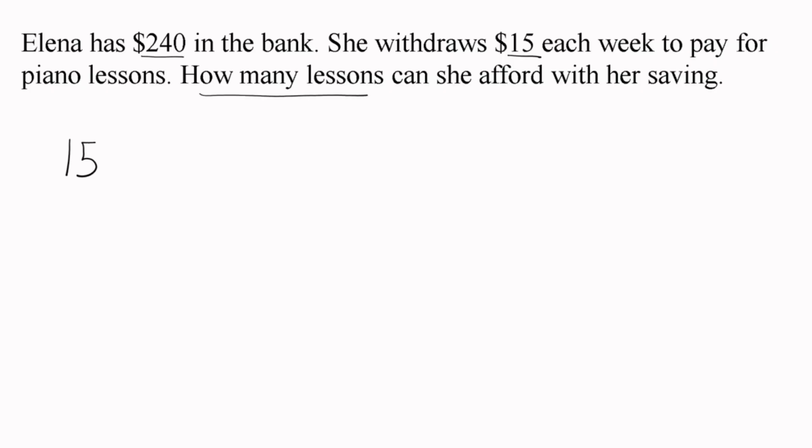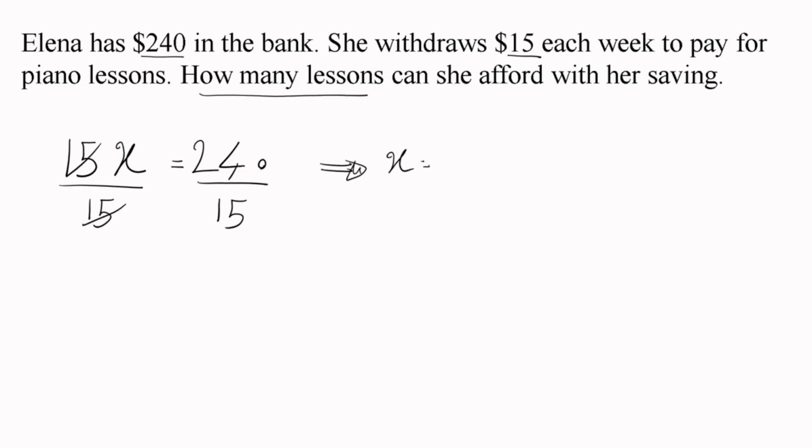How many lessons means 15 times x, because for each lesson she's going to pay $15, and it is equal to 240. It's really simple. Now you can solve it. You can divide both sides by 15. These two are going to cancel each other out, and finally x will be equal to 16. So she can take 16 piano lessons.